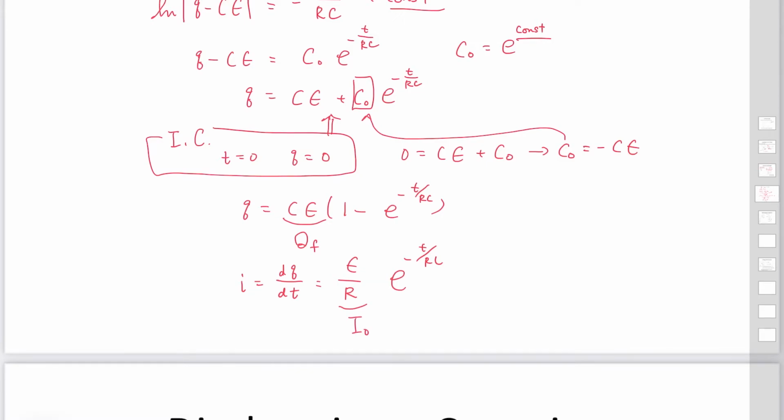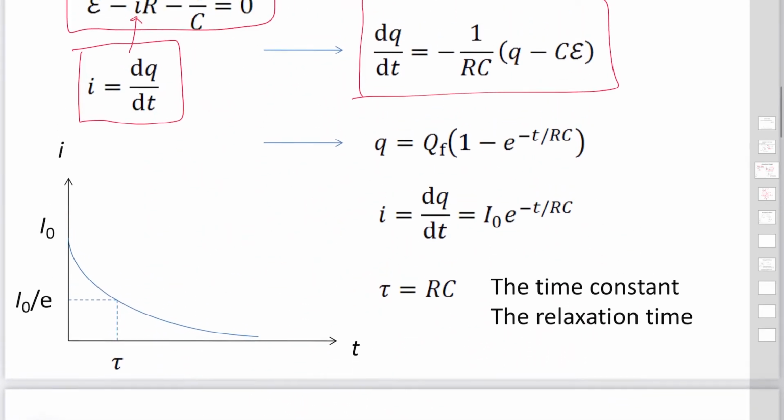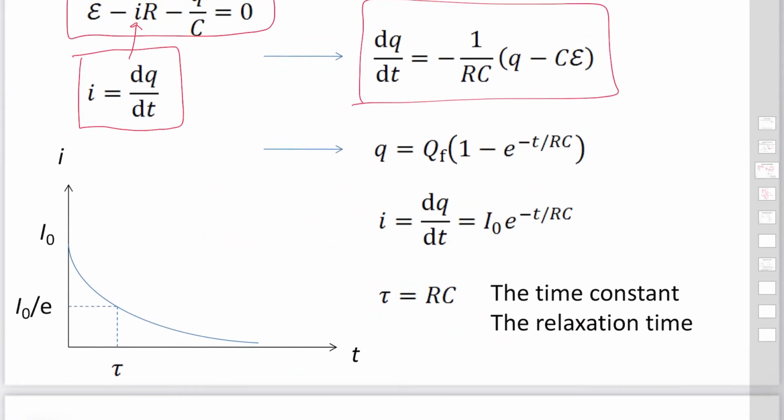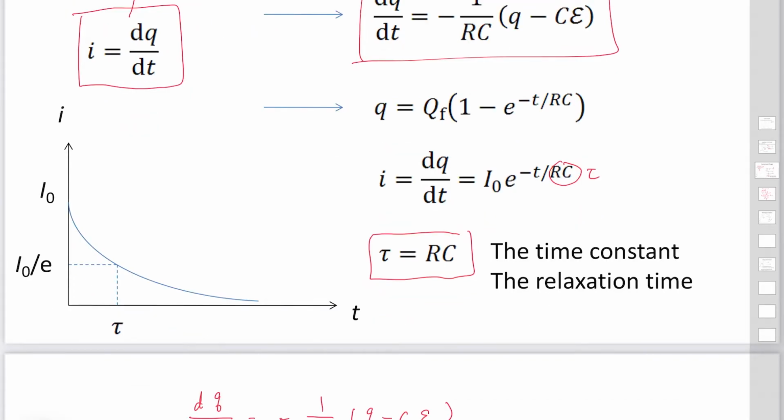Okay, so we have our equations. We'd like to express the current as a function of time, decreasing with time. We introduce a new term, tau. Tau is RC. Once t becomes tau, the current decreases from I sub 0 to I sub 0 over e.